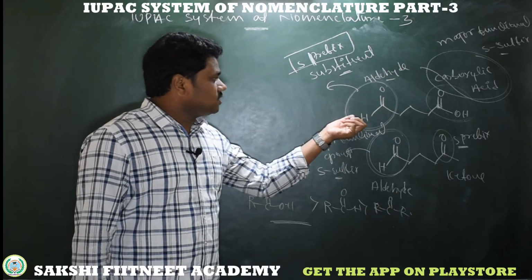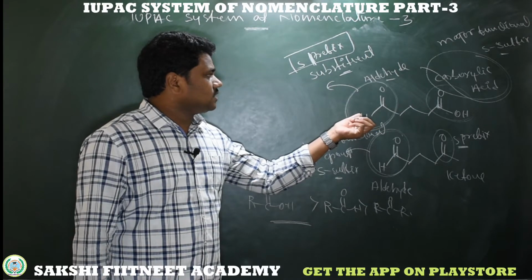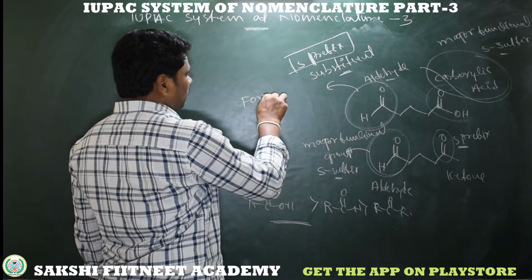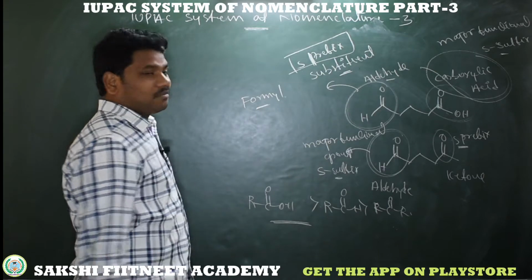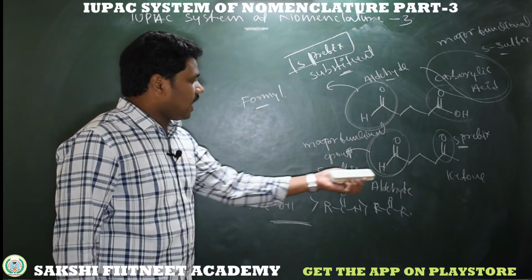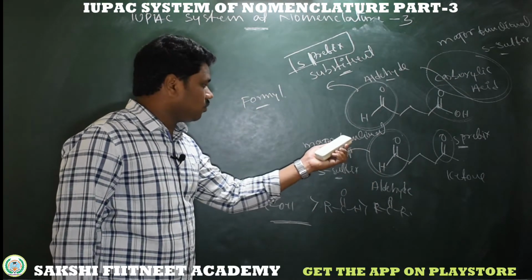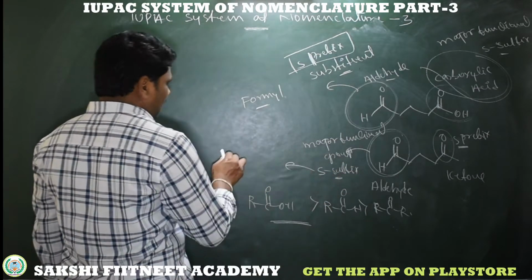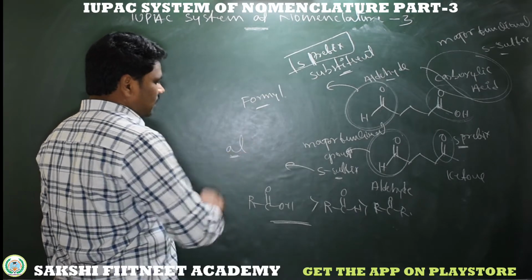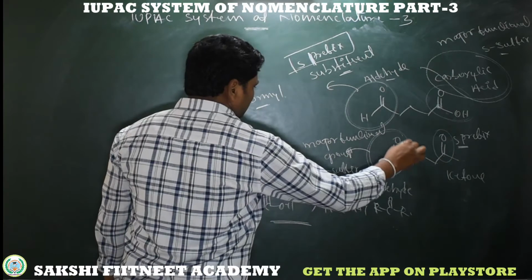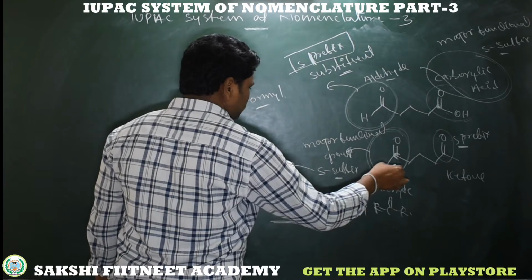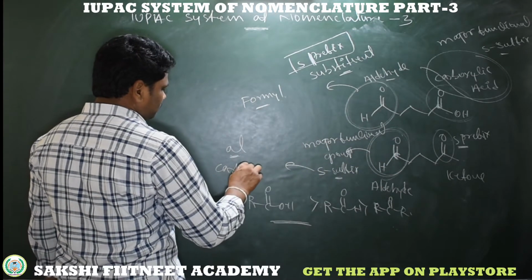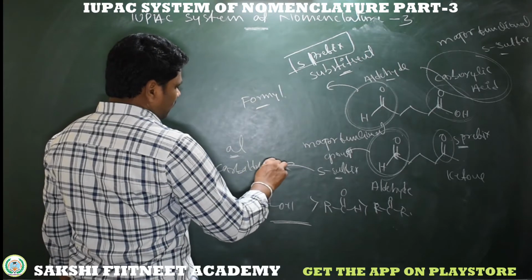In this molecule the name of this aldehyde as a prefix becomes formyl. In this molecule the aldehyde as the major functional group we take as a secondary suffix, writing it as -al. If this carbon is also included as the major functional group as a suffix, then we can write carbaldehyde.